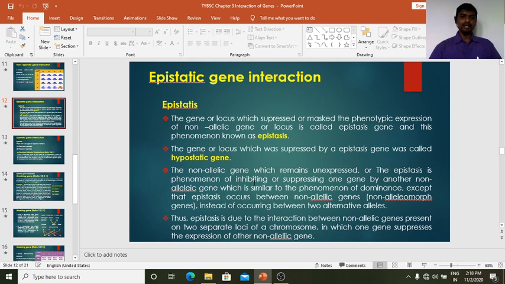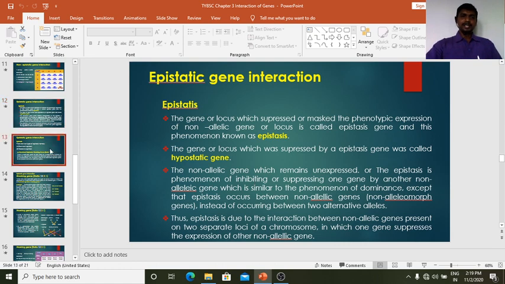Epistasis is due to the interaction between non-allelic genes present on two separate loci of a chromosome, in which one gene suppresses the expression of the other non-allelic gene. So this is about epistasis.